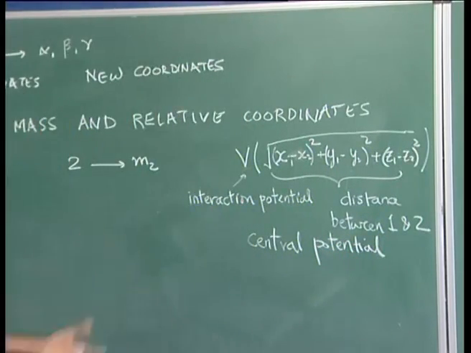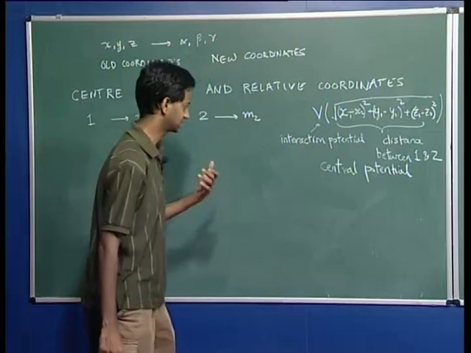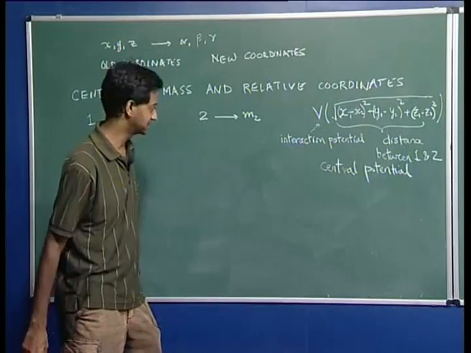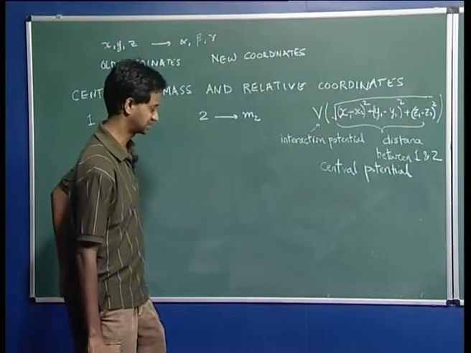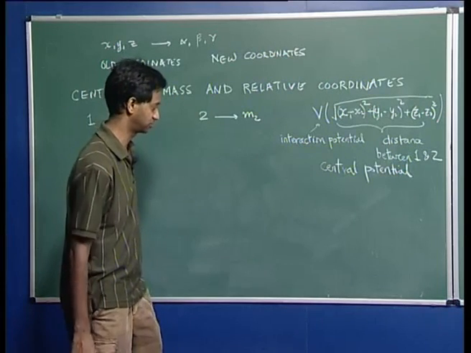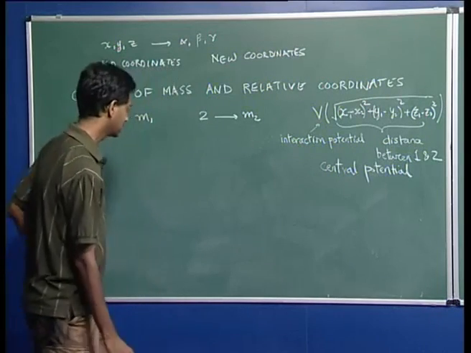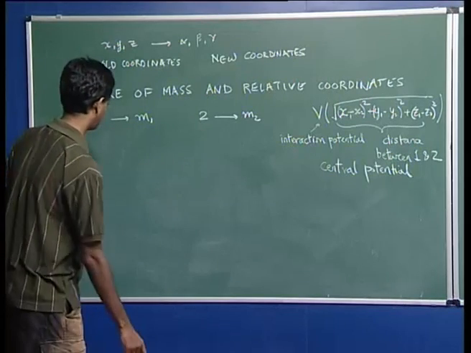Such a potential of interaction is called a central potential, and there are many such examples of central potentials. In fact, all the potentials that we deal with are usually central potentials. So what does this look like?